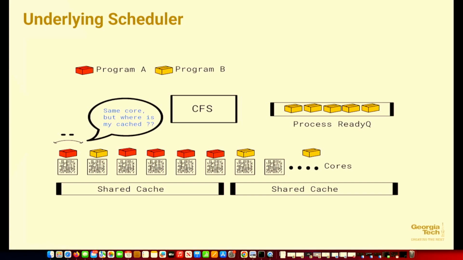And when the pinned process comes back, it would still not find its cache. So to avoid this problem, under PinIt, we perform non-preemptive scheduling so that it doesn't lose its cache, as it is not preempted in the first place. Linux provides FIFO scheduling, which is the same as non-preemptive scheduling.